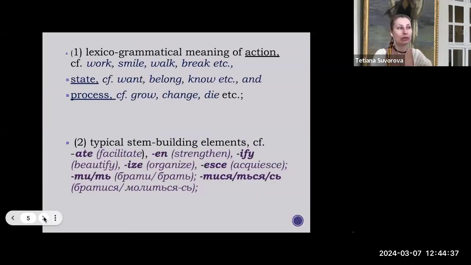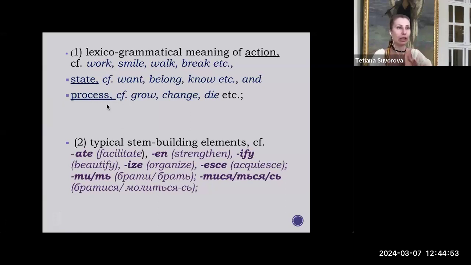So, the lexico-grammatical meaning in both languages: we can speak about the typical meaning to express an action, states and processes. These are connected things.